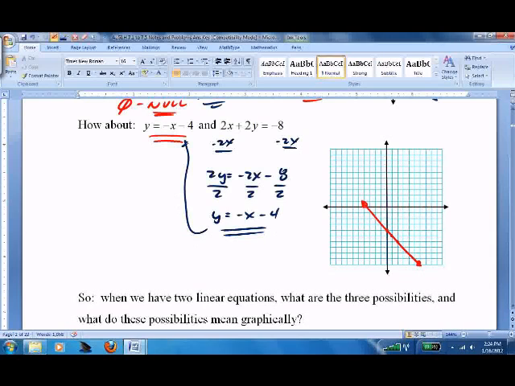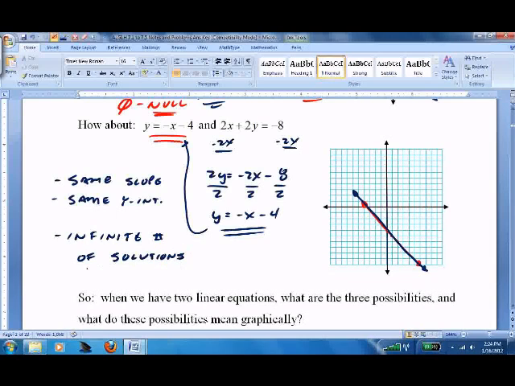So when I go to graph it, it's going to land right on top. So we've got same slope, same intercept. We will have an infinite number of solutions. Not any solution, but an infinite number. So any number that fits one of them will fit the other.